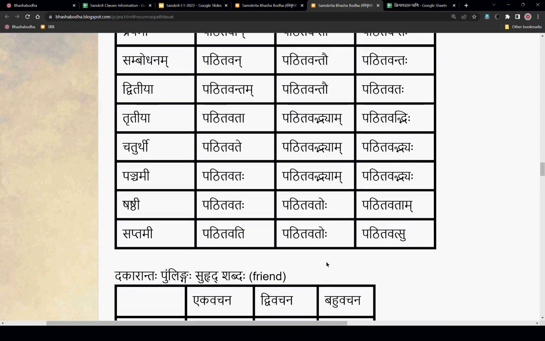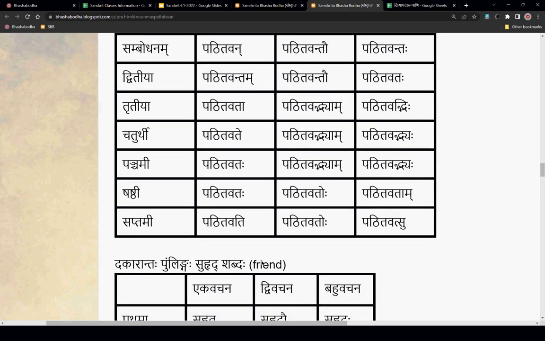Patitavati becomes Strilinga like Nadi, but here in Pullinga Saptami it is Patitavati Balake. Kimapi Patitavati Balake Sadgunah Bhavanti.